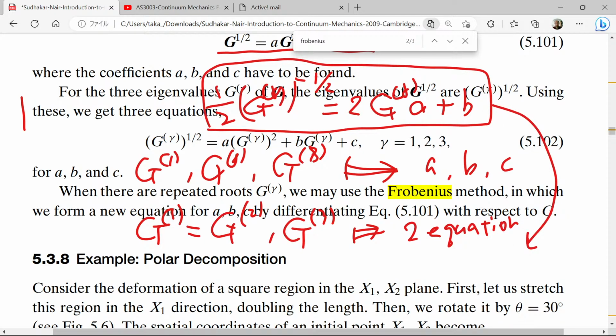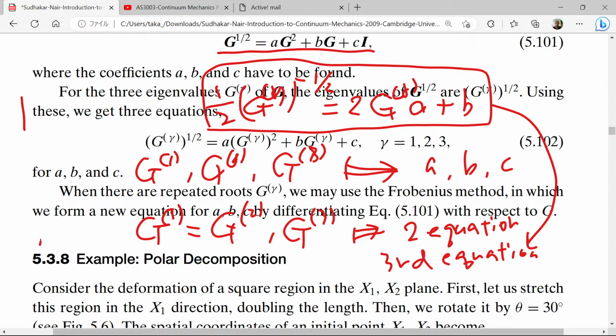This will be the third equation. So then you can obtain A, B, C. Okay, I think this is clear.